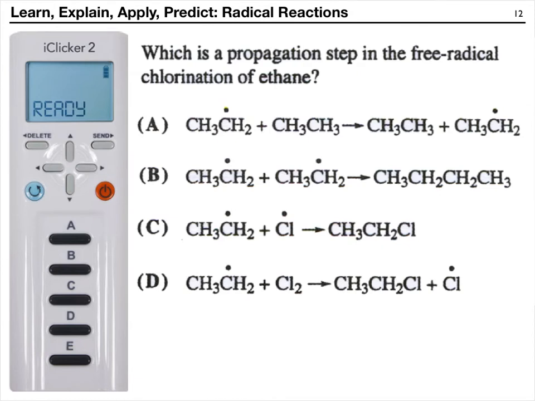So which is a propagation step in free radical chlorination of ethane? So in a radical mechanism, there are three main types of steps: initiation, propagation, and termination. This is asking you for propagation.